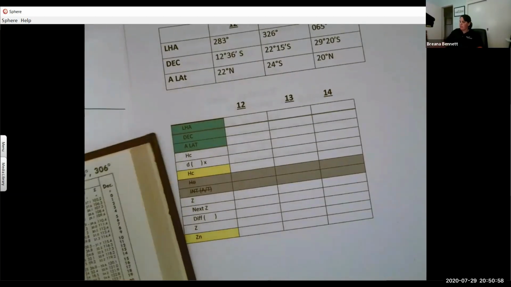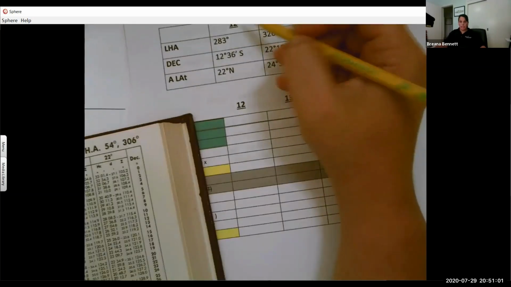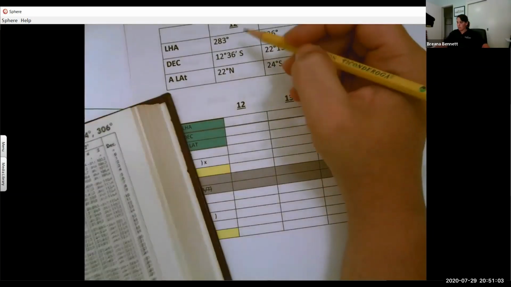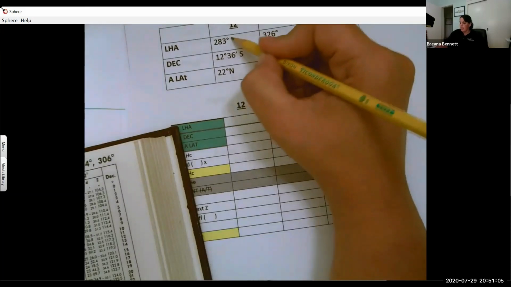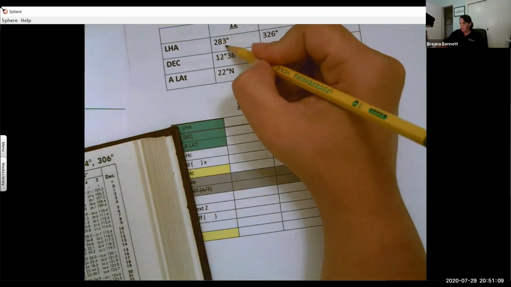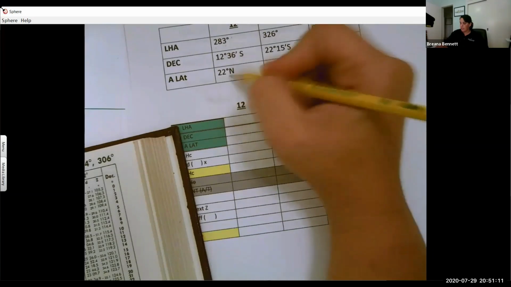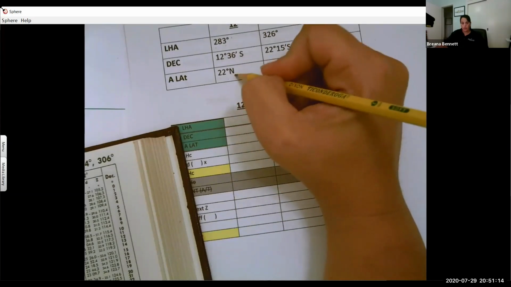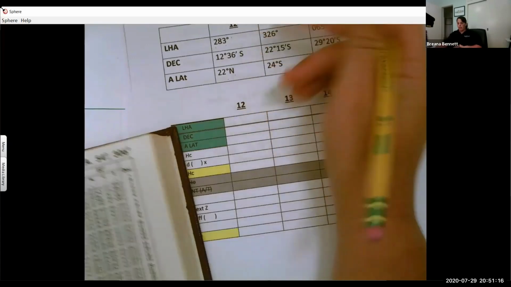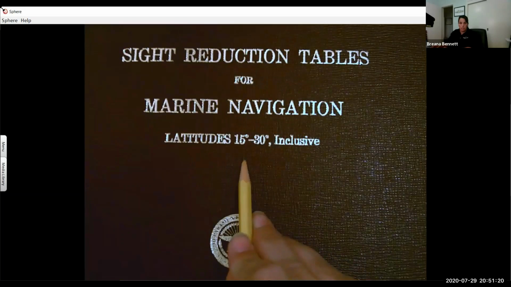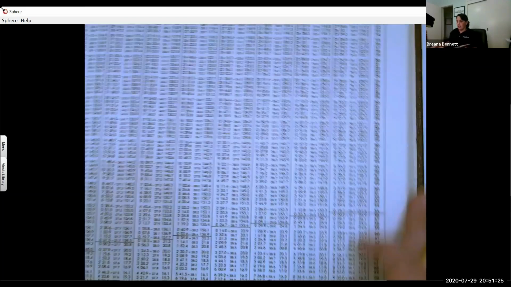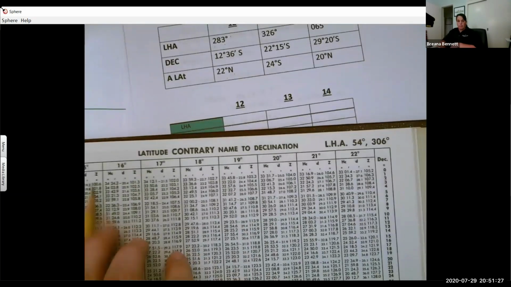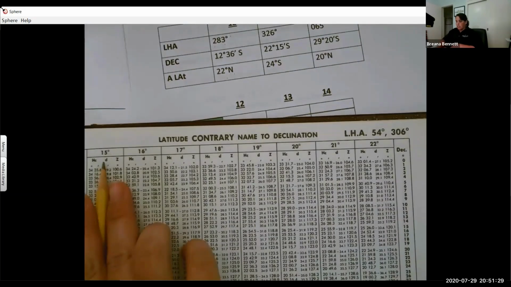Okay, so for number 12, we're just going to do one at a time here. Number 12, we have an LHA of 283, and we have a latitude of 22 degrees north. So I'm going to be in that volume 2, where it's 15 to 30, site reduction table. And then I'm going to find the first half of the book goes from 15 to 22.